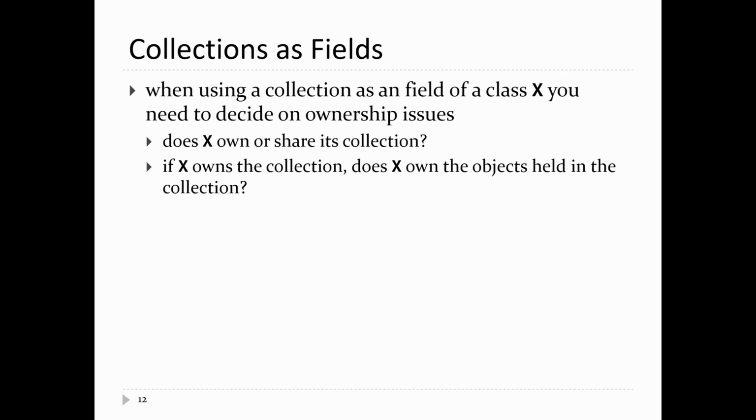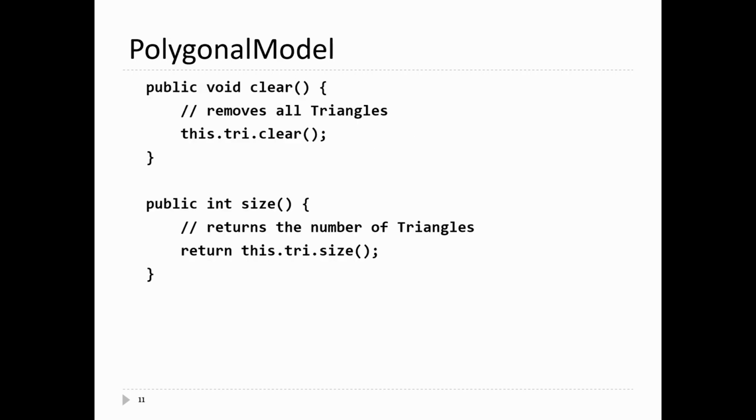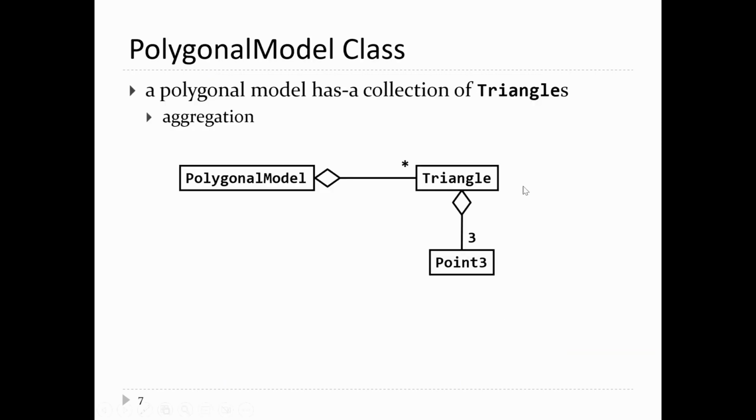If X owns its collection, does it also own the objects that are held in the collection? In other words, if you have a composition of a list, do you also have a composition of the elements in the list? Those are the questions you need to ask. Here, in this example, we do not. We have an aggregation of the elements in the collection.